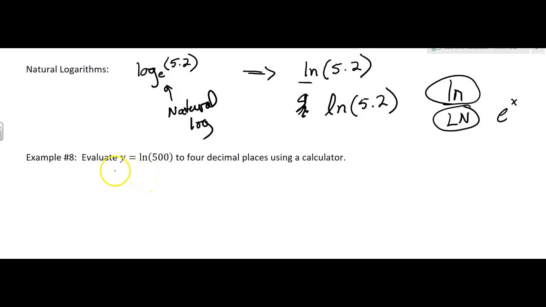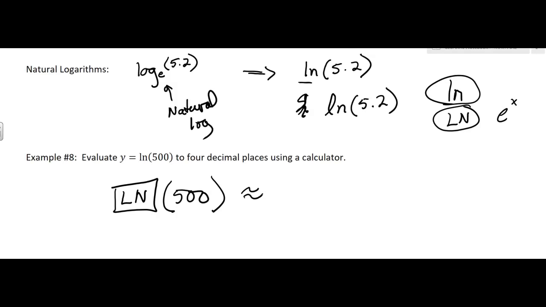Okay, so in this example, it says evaluate y equals natural log of 500 to 4 decimal places using a calculator. And again, we need a calculator. So we're just going to type in our calculator. We're going to hit the ln button, and then it's going to open a parenthesis. We'll put in 500, close it off, and then it's going to give us an approximation.